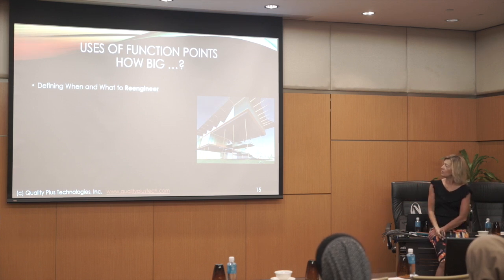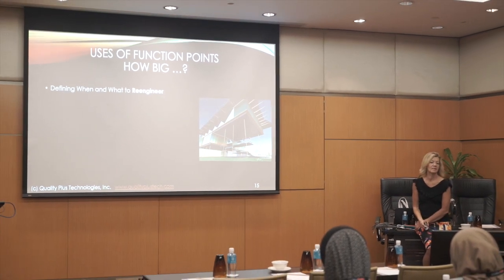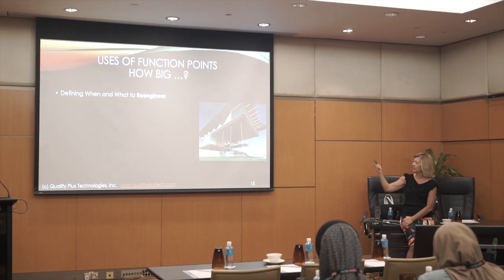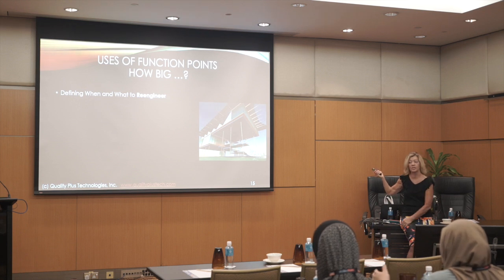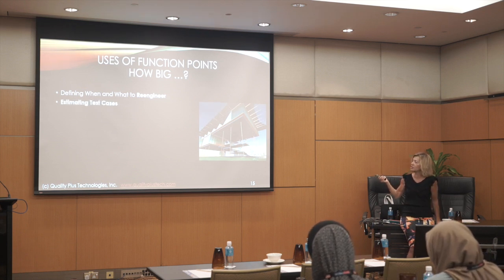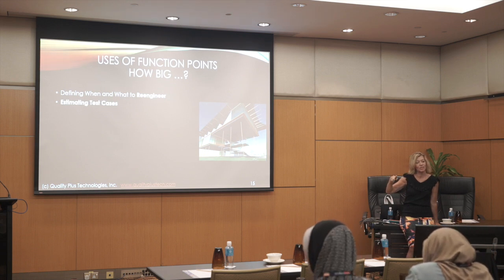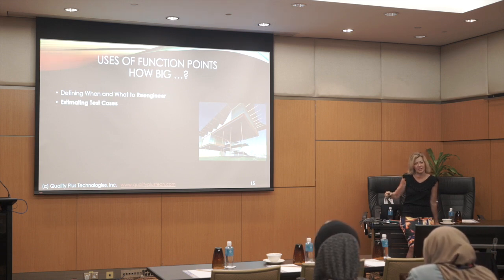When we take a look at function points, we're asking the question, how big is the software? We can use it when we're figuring out what we're going to re-engineer. We can use it when we're estimating test cases, because test cases should test every piece of functionality.